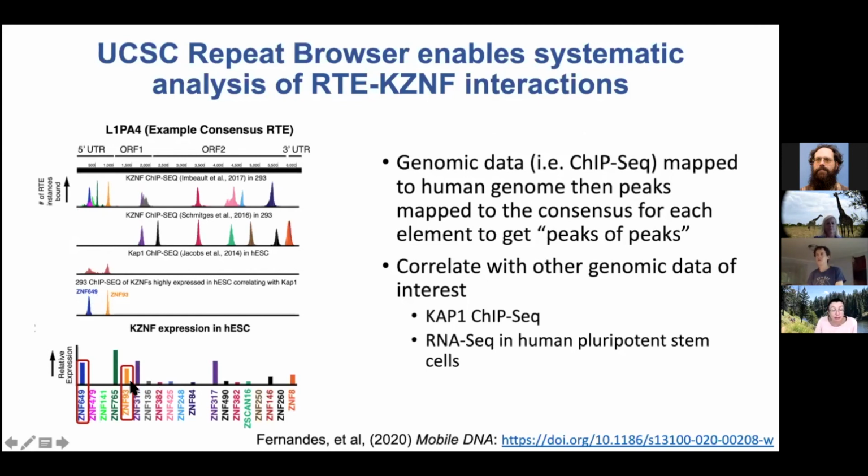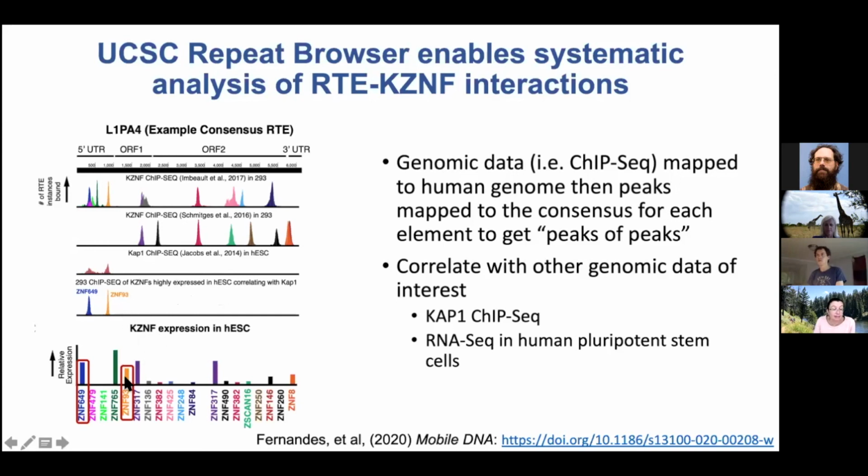And then we can also look at other data. In this case, this CAP1 data is in human embryonic stem cells, which is an early embryonic cell type, actually a time in which these retro elements tend to be active, and it's a dangerous time for their mobilization in the genome.